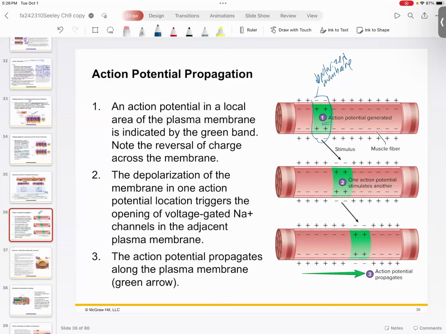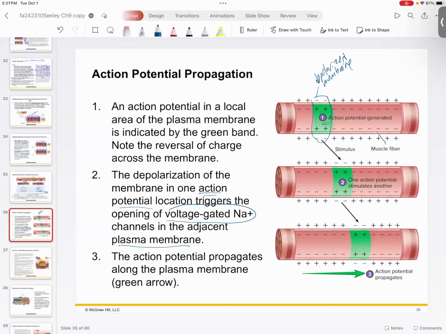Now then, what happens is this positive charge, because you're talking about an inrush of positive charge, will essentially move to the next adjacent piece of membrane. So the depolarization of one stretch of membrane will basically create an action potential that triggers the opening of the voltage gates in the adjacent membrane.